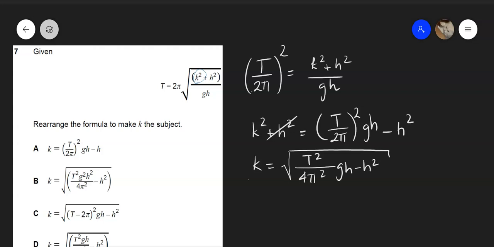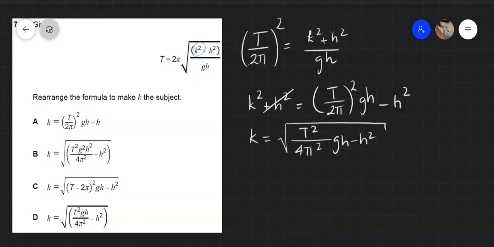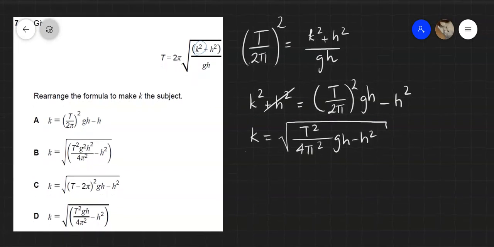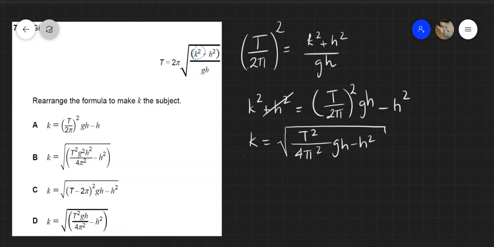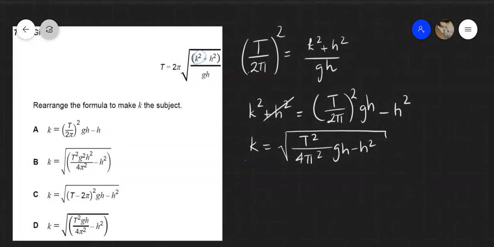And here I have taken a positive square root because the options list only positive square roots, as you can see. I'm just going to scroll up a little bit to see which answer is the correct one. So this corresponds to answer D, right? So let's circle answer D. That's the correct answer.